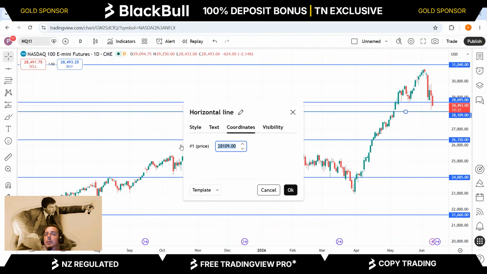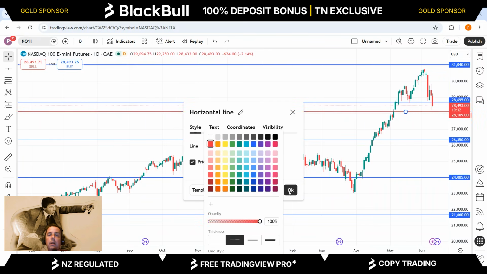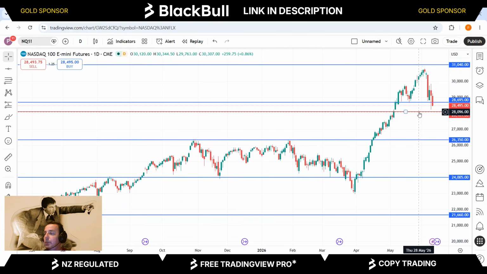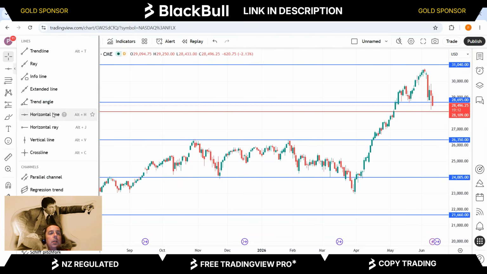So what would I be doing? If I just change that color to red so you could see it, I would basically be saying, right, I would like a short position to open here. So a sell stop. And then I'd want another one above 586. 28981.